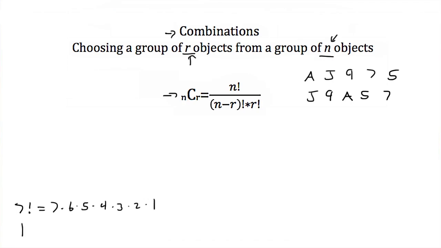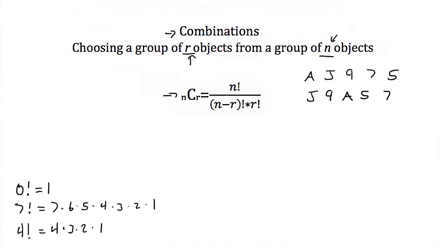If you were told to find 4 factorial, you would take 4 and you would multiply it by 3 and then by 2 and then by 1. So whatever number is followed by the exclamation point or the factorial symbol, that just means you take that number and you multiply it by every integer that's less than that number all the way down to 1. A special rule for factorials, if you ever see 0 factorial, that's always equal to 1.